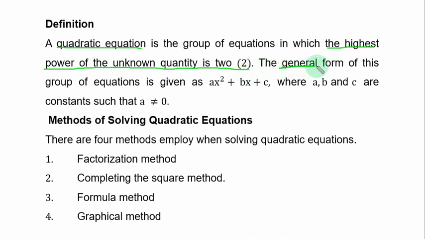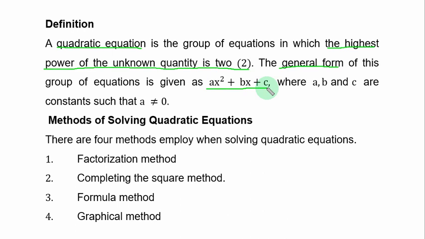The general form of this group of equations is ax squared plus bx plus c. What this means is that there's a form that helps us to identify all quadratic equations, and that form is ax squared plus bx plus c.